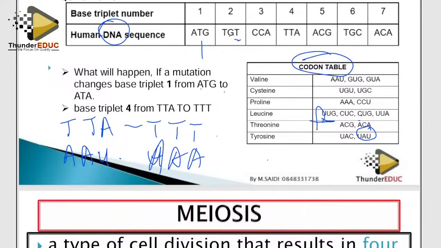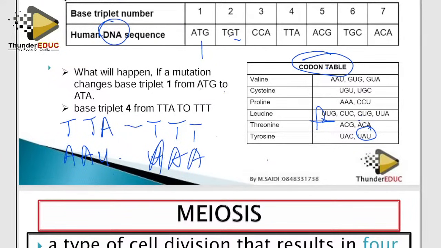It's called gene mutation. So if the base sequence has changed, automatically there was a mutation, because a mutation means a change in the sequence of DNA bases, or a change of the structure of the chromosome if it is a chromosomal mutation.